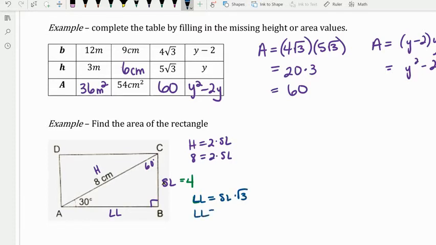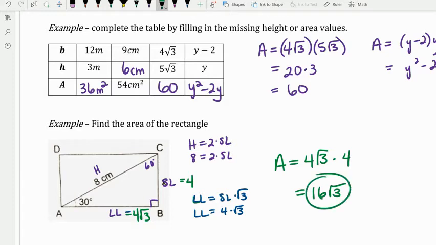So our long leg would equal our short leg, which we now know is 4, times radical 3. So this side would equal 4 radical 3. So now if I want to find the area of our rectangle, we can do the base, which is 4 radical 3, times our height, which is 4. So then we get an area of 16 radical 3. Ta-da! Okay, use your 30, 60, 90 rules there.